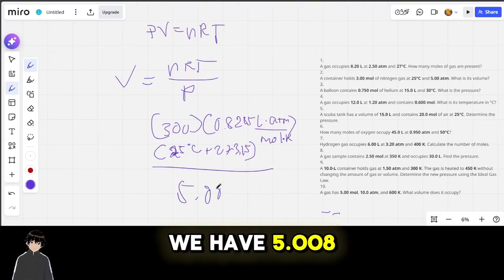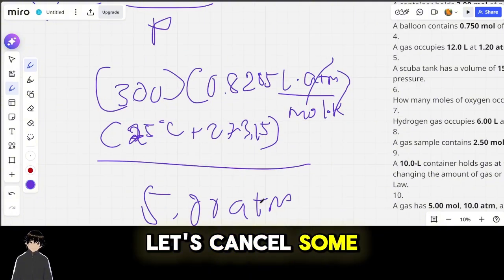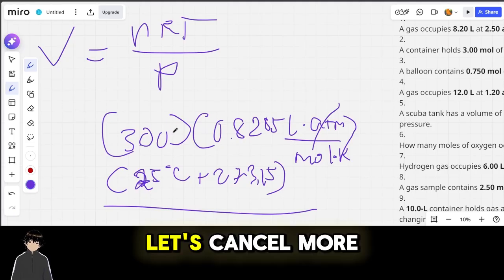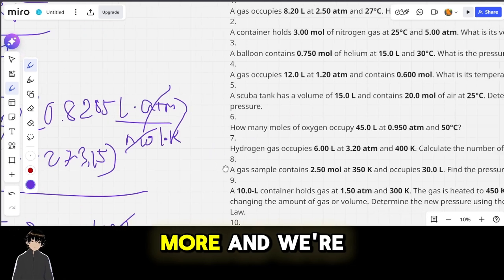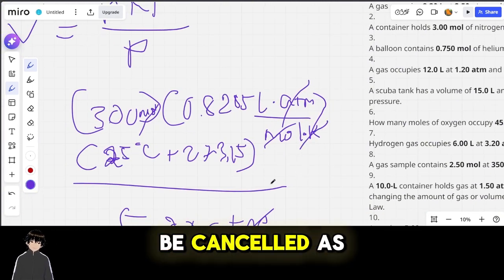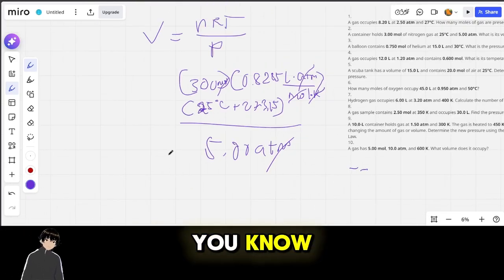We have 5.00 atm. Now let's cancel some. Let's cancel mole. And we're trying to find a volume, so that's canceled as well. Then we just have to calculate.